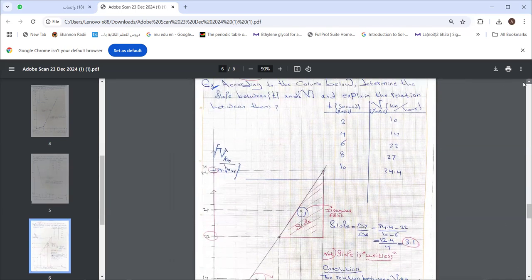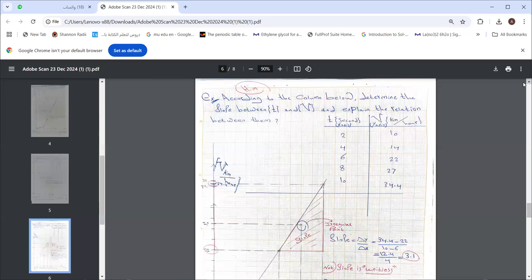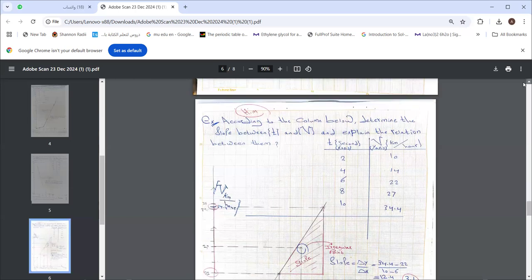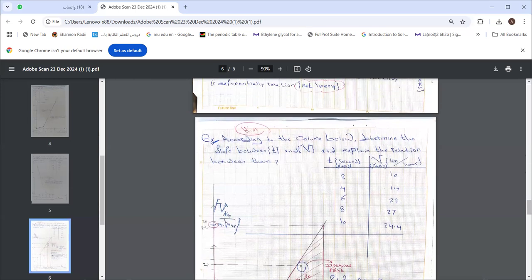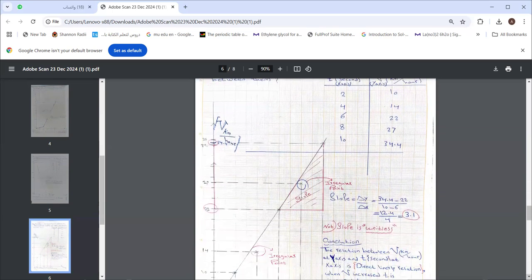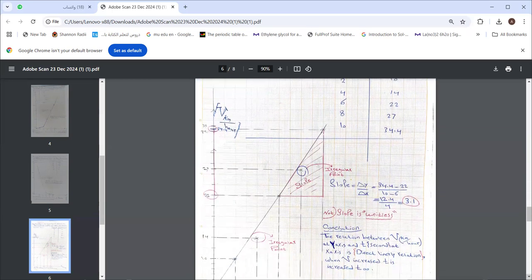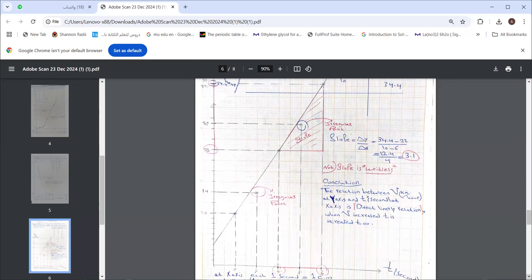Here, another example. According to the column below, determine the slope. Between V and X, V is kilometers divided by hour, and X, it was T, was seconds. So I divided the Y and X axis.